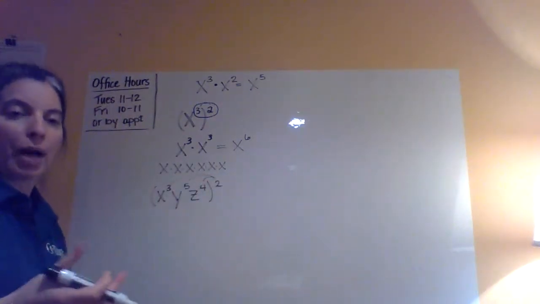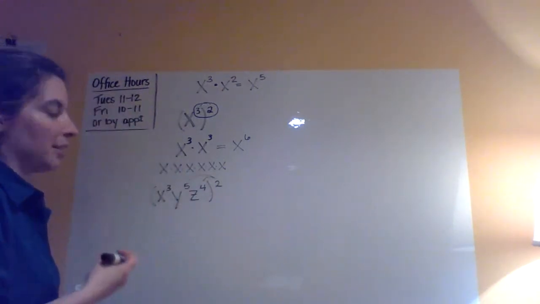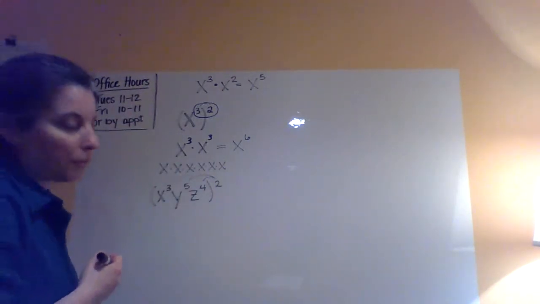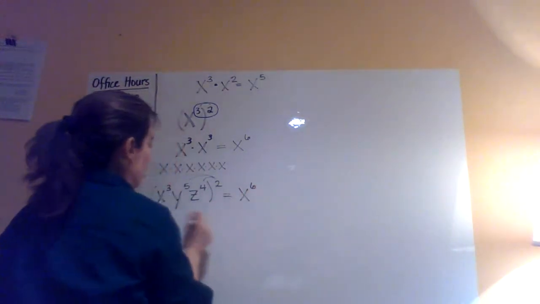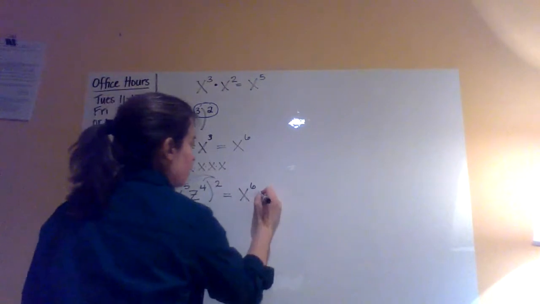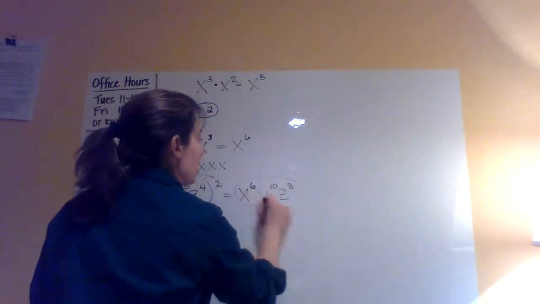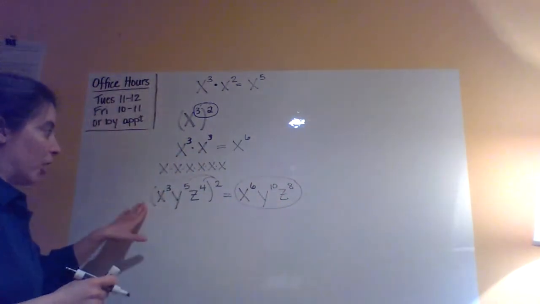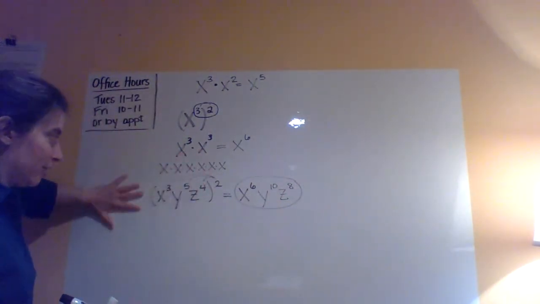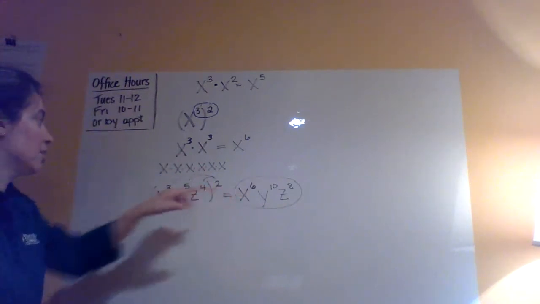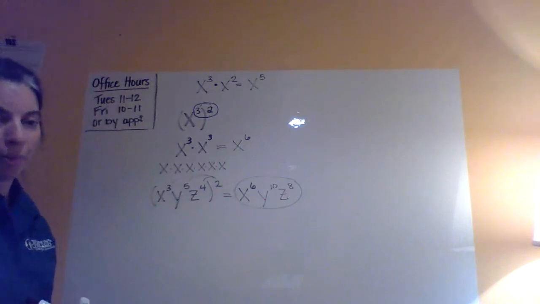So basically your power rule says the outside exponent gets multiplied by every single inside exponent. So you can see that I have the answer in the notes. This is going to be x to the sixth, y to the 10th, z to the 8th. And if you wanted to see where this came from, you could still think this squared means this times this, so you'd have another x to the third, y to the fifth times y to the fifth, z to the fourth times z to the fourth.